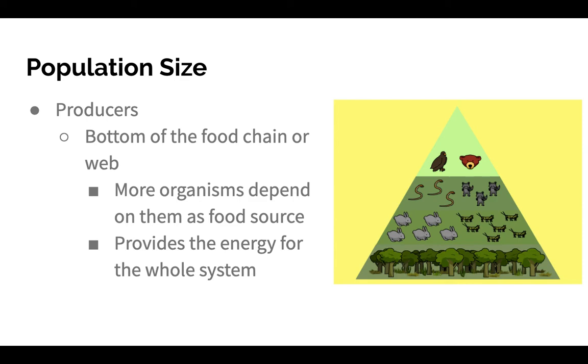But if we look at the top part above the decomposers, the next level up, the producers, are going to have the other large group. We have lots of plants, lots of producers that are a food source for many other organisms, and they provide the energy needed for this whole system. So they're going to have the biggest population.